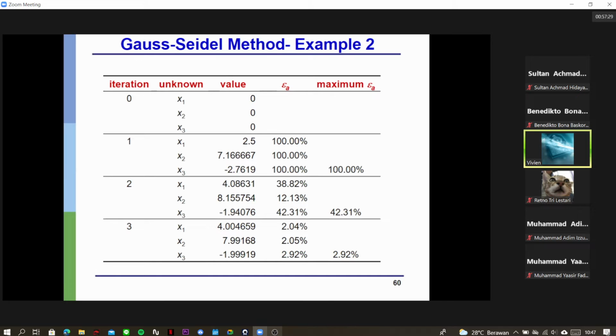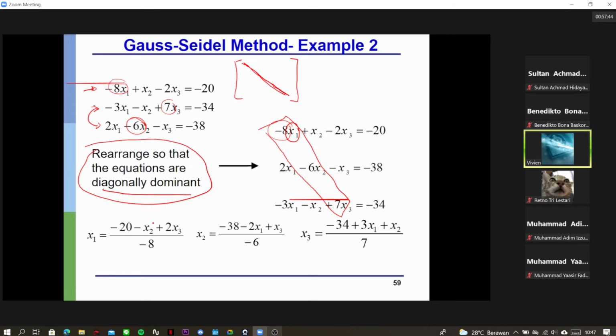So this is the iteration. Now we apply the 0 iteration, which is the initial value. We give all 0 values for x1, x2 and x3. Then we calculate the first iteration for x1. We insert the value of 0 here and 0 here as well. Once we have the value, we can insert it here, and the x3 value is taken from the initial.